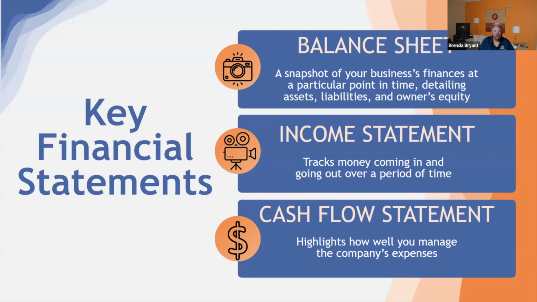What you need to know about these three financial statements is how do you use the information so that you can make better decisions. The balance sheet is simply a snapshot of your business's finances at a particular point in time, and it looks at three areas: assets, liabilities, and equity.